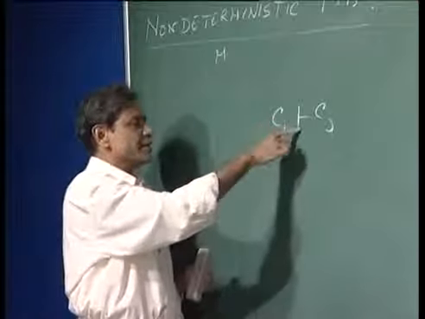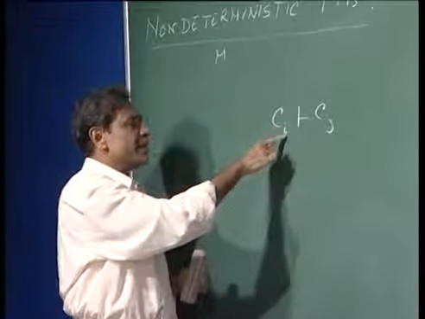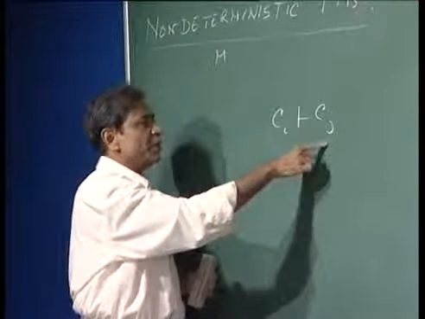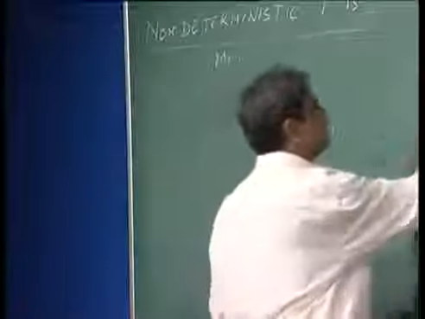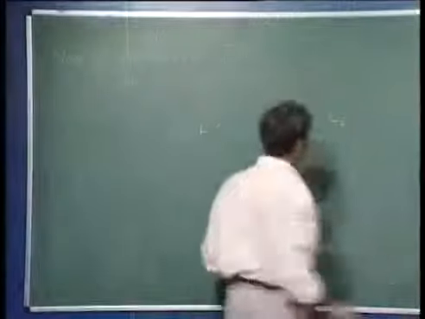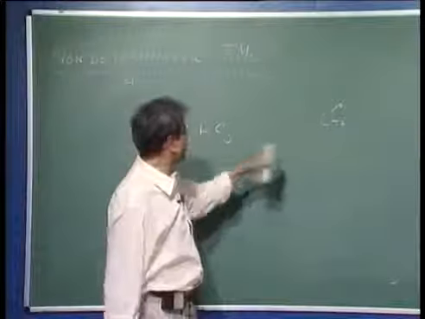This is a turnstile symbol, and you can say that Ci in one step leads to Cj.